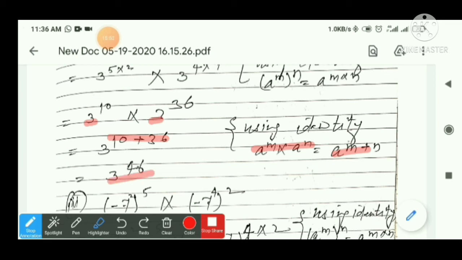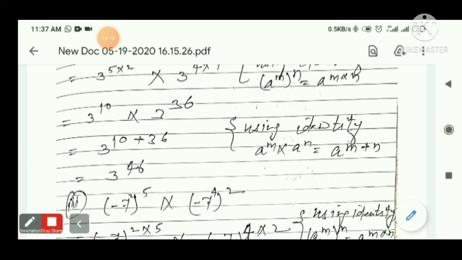Any problem, any query? In a product, if the base is the same, we add the powers. Here we added the powers: 10 plus 36 is 46.